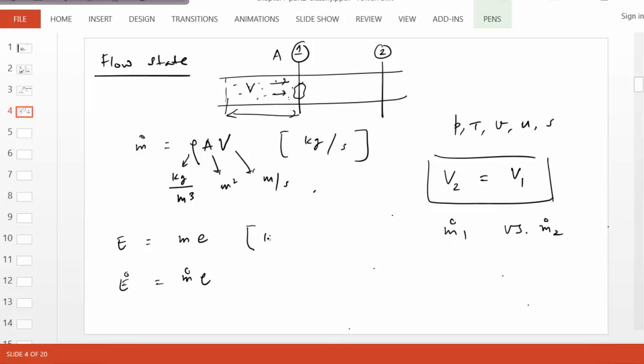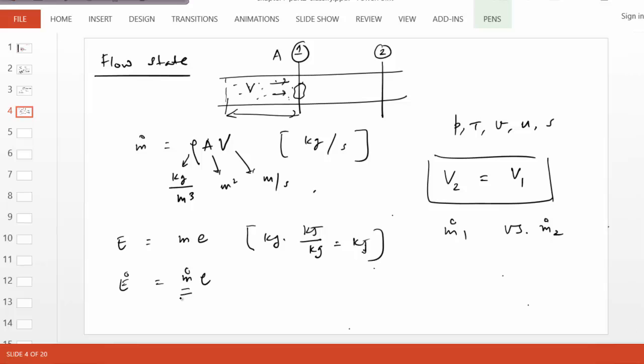Here the unit comes from kg times kilojoule per kg, kilojoule. That's the total energy, stored energy of a system. In a flow, there's no concept of total energy of the system. There's a system flowing through the given location. So we want to find out what is the energy flowing every second.